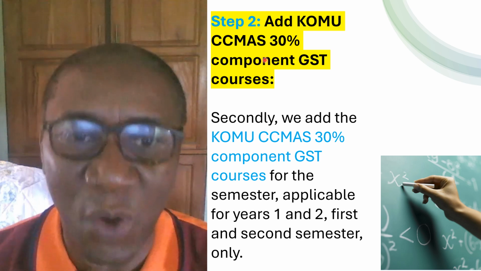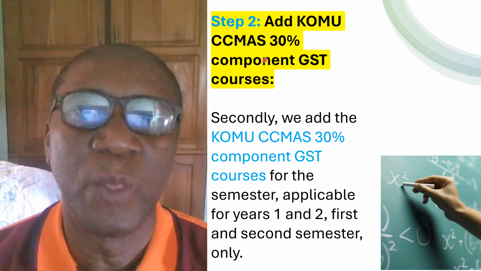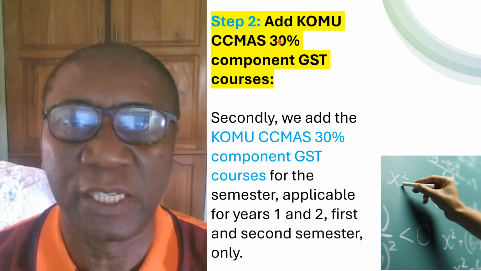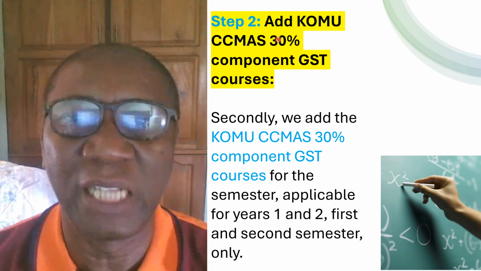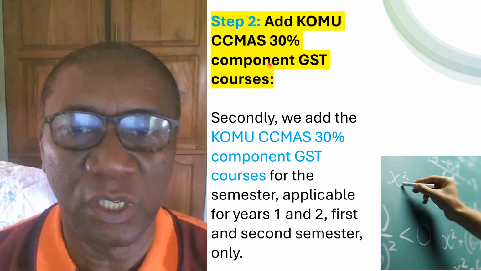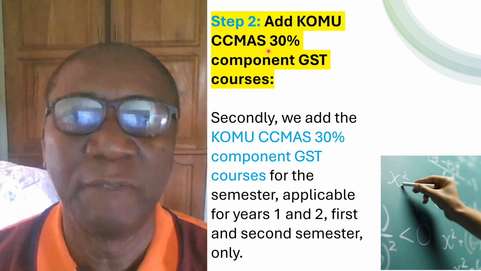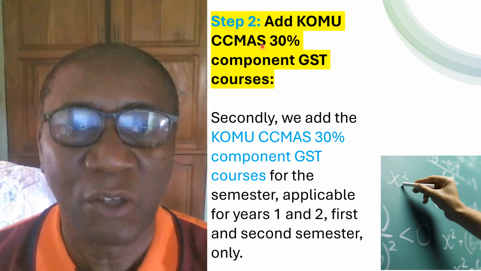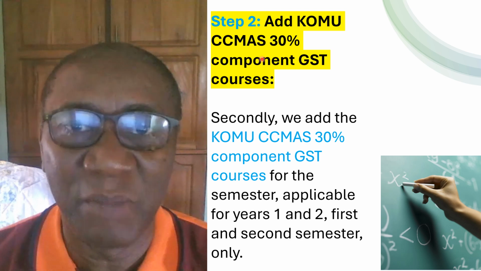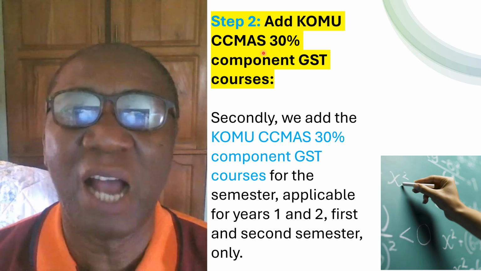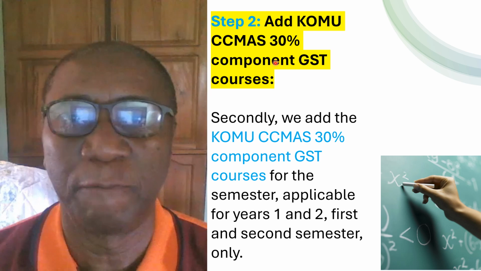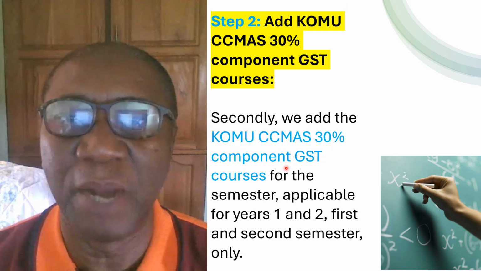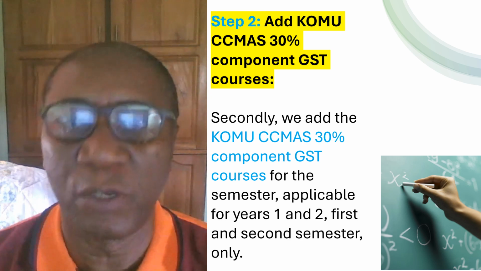So it is compulsory that you have to add them. So if you are dealing with year 1 first semester, for instance, we have our own 30% GST courses. So after listing the 70% CCMAS courses for the first semester, then you have to go and pick our 30% GST courses. So that's the second thing. We have to add the KOMU CCMAS 30% GST courses.